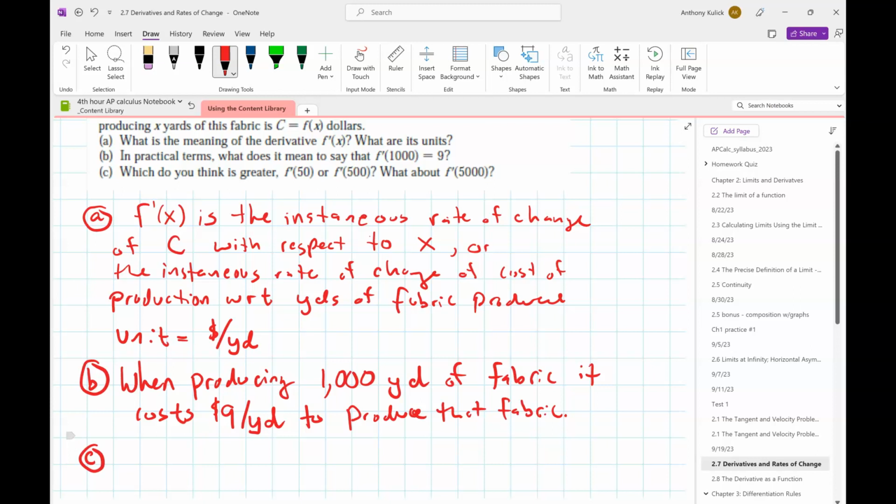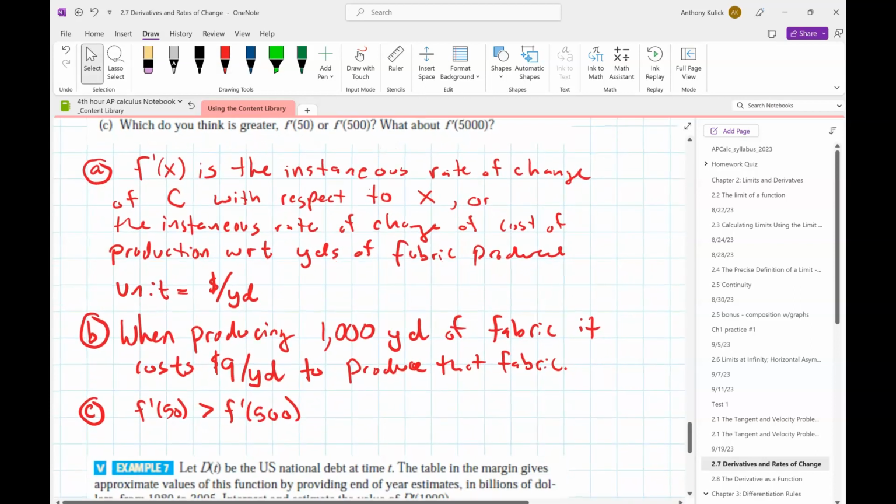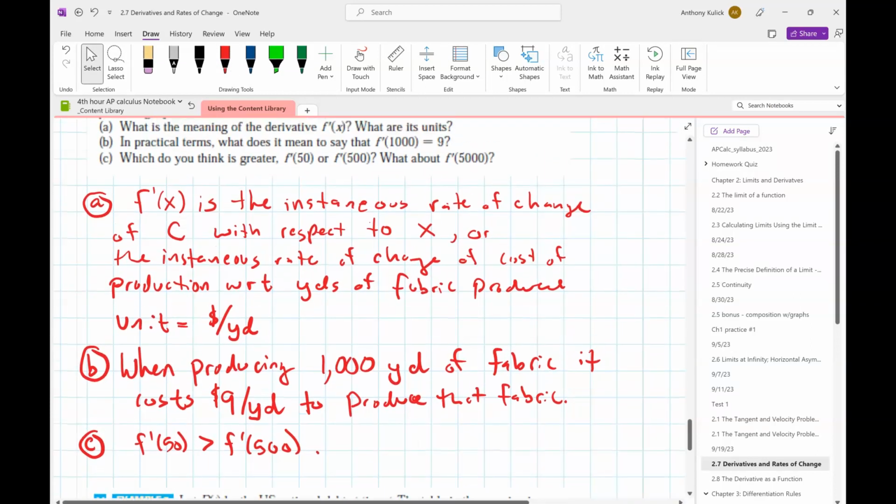Which do you think is greater, f prime of 50 or f prime of 500? Yeah, and the reasoning being that as production goes up, cost of production should go down, right? They then ask, what about f prime of 5,000?